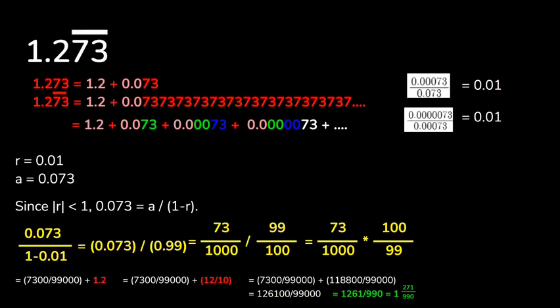And if you divide the numerator and the denominator by 100, you get 1261 over 990. And if you want that as a mixed number, it's 1 and 271 990ths. And that's the answer. So, obviously, no one said it's going to be easy. That's the way that you do it.